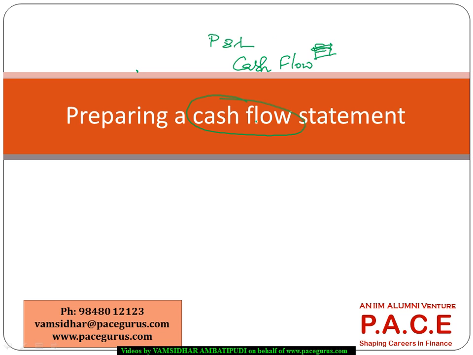So from all financial calculations or valuations perspective, the focus is more on the cash flow statement rather than the other financial statements. But yes, knowledge of a P&L and a balance sheet will definitely help me in creating good cash flow statements.